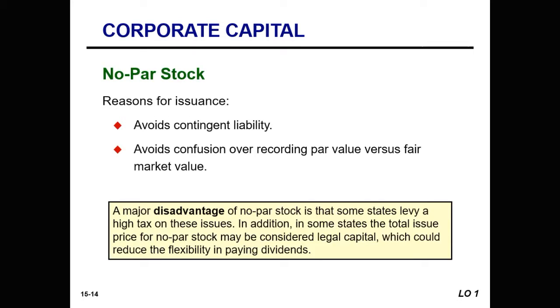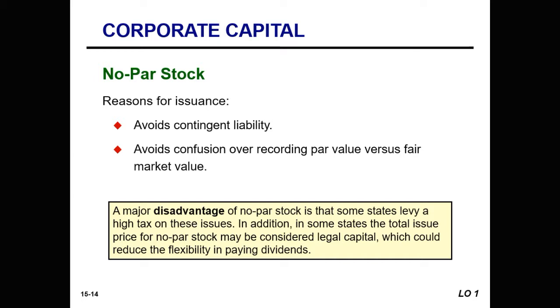So now we're going to discuss no par stock. No par stock means that in the charter, and only in some states is this allowed, there is not a par value defined. There are two basic reasons for no par stock.